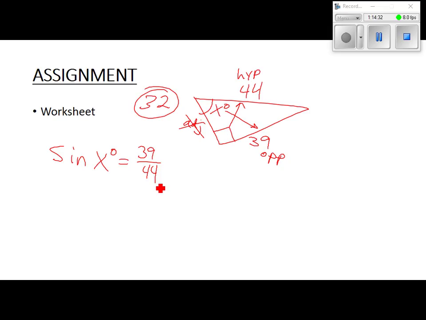We have to use second because we're actually looking for an angle. Anytime you're looking for an angle, you're going to have to use second. So we hit second, then what? What do you hit after second? Sine. And then we punch in 39 divided by 44.